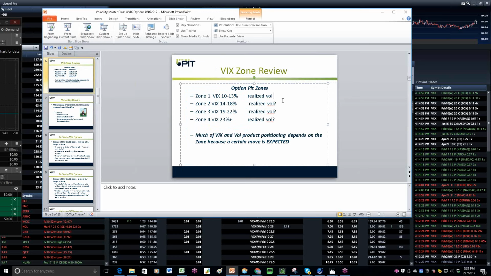It's usually lower. Look at historical charts. 95% of the time until it changes. Okay? Now, once we're trading 14 to 18 VIX, where's the realized vol? Realized vol is about fair. About where the VIX is trading.